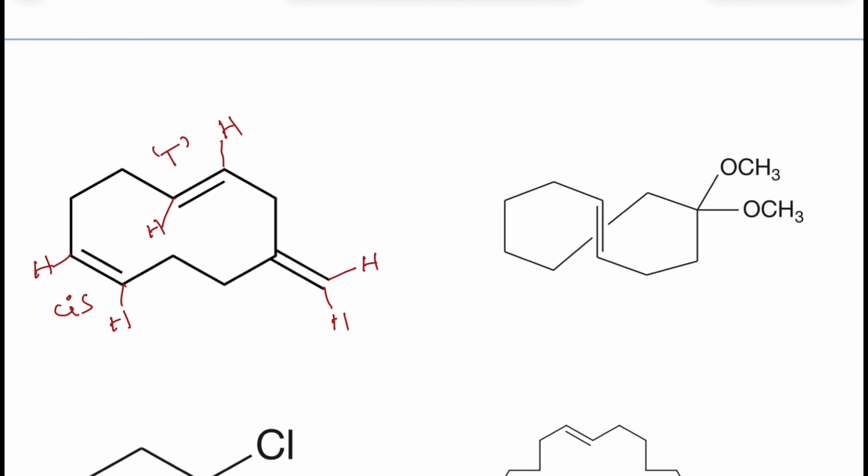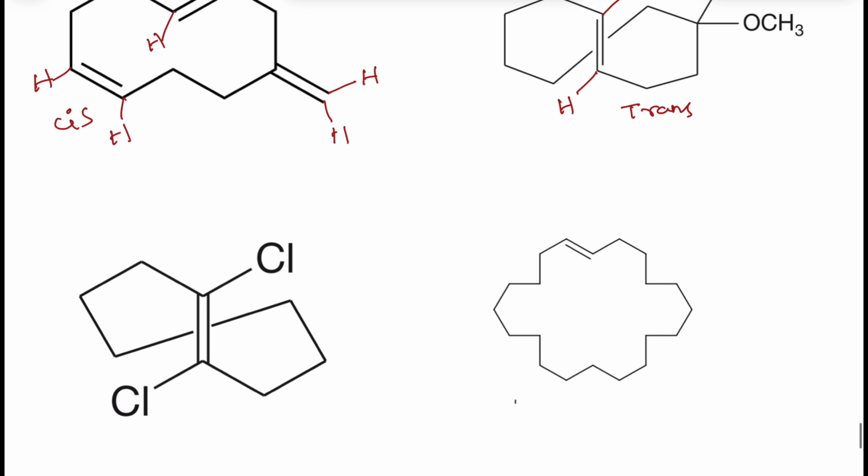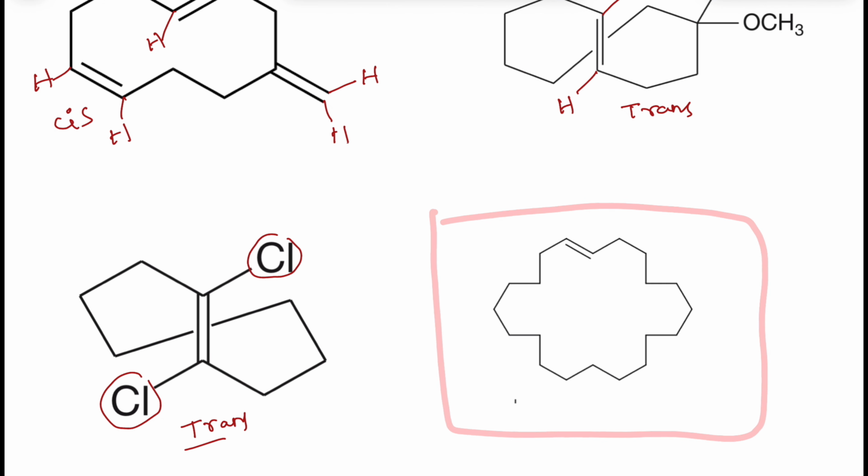In the case of these 10 carbon atoms, if you see here hydrogen like this, here hydrogen like this, around this double bond hydrogens are on opposite sides. Therefore, this is a trans configuration. Even in the next one, you can see chlorines are on opposite sides, therefore this is said to be trans configuration. In the next example, more than 8 carbon atoms are present.